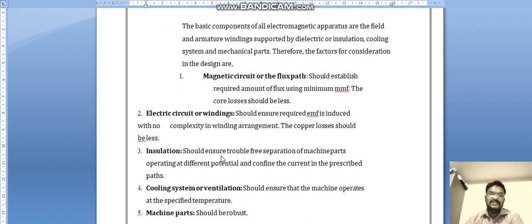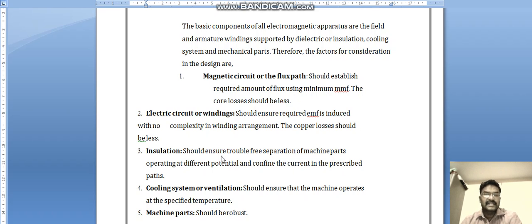The insulation should be good, should work for a long time, and should not leak current. It should ensure trouble-free separation of machine parts like stator and rotor. We need separation in the winding itself, for the starting winding and running winding.